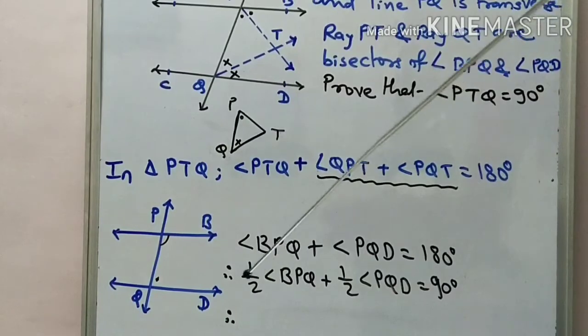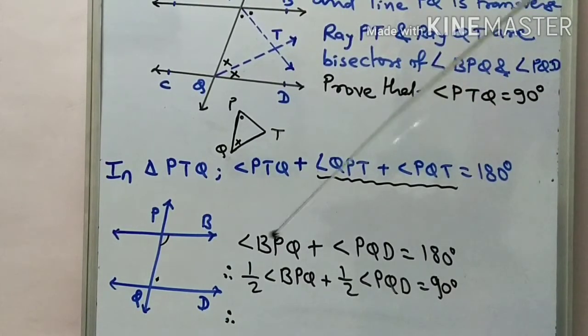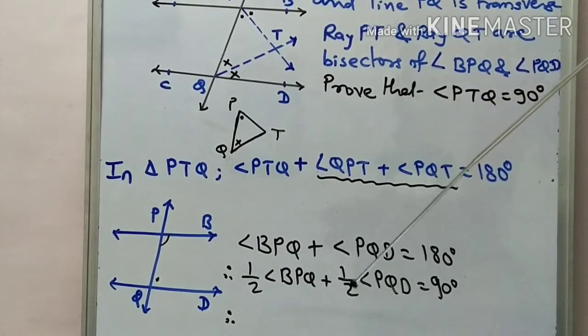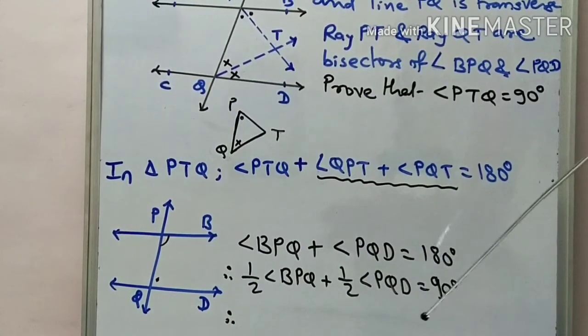Okay, and as we multiply both sides by half, we get half angle BPQ plus half angle PQD equal to half of 180, which is 90 degrees. And what do we know about the rays? They are bisectors.